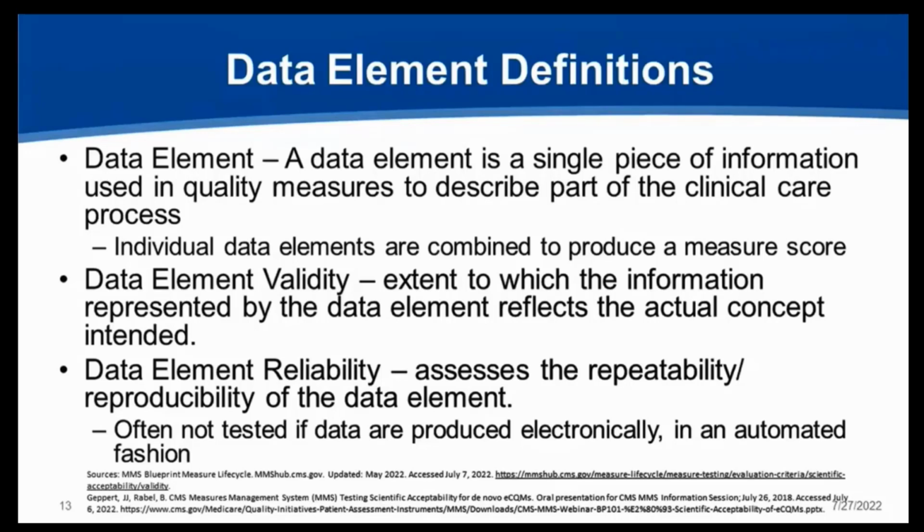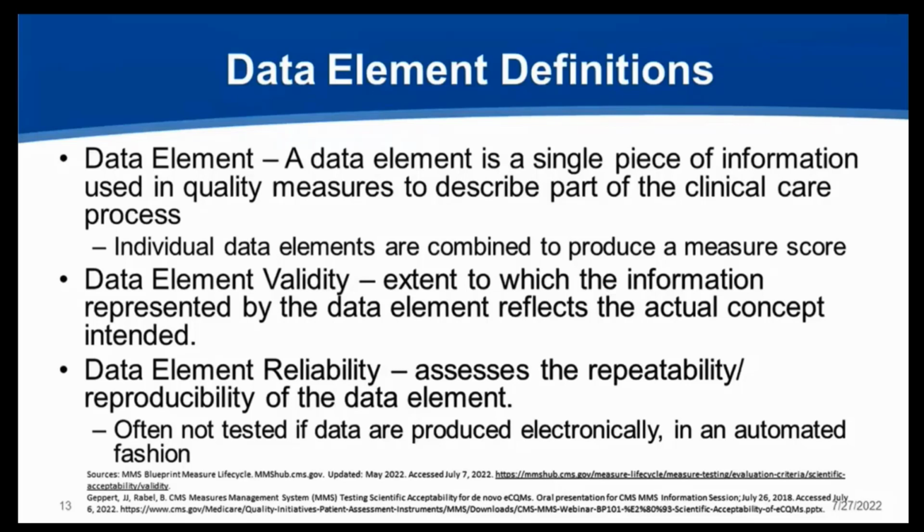So every measure can be broken down into its data elements, which consist of specific codes for encounters, patient characteristics, devices that can be applied or ordered, diagnoses, medications, symptoms, lab tests, and interventions. One way to think about this is to take an example. I'll take a very basic example.